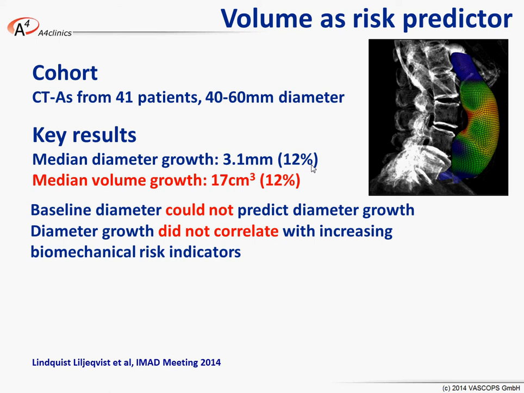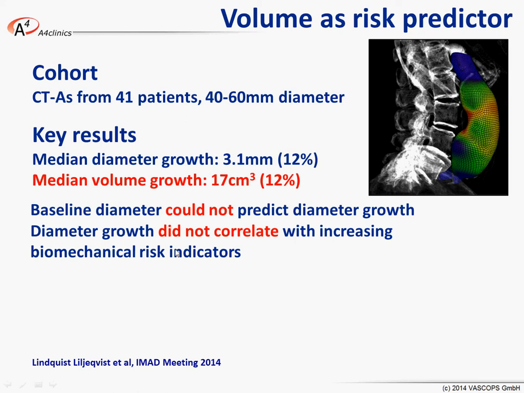So that means measuring the largest diameter of an aneurysm is not going to tell you how fast this aneurysm is going to grow in terms of diameter. Similarly, diameter growth, so how fast the diameter expands over time, did not correlate with increasing biomechanical risk indicators.